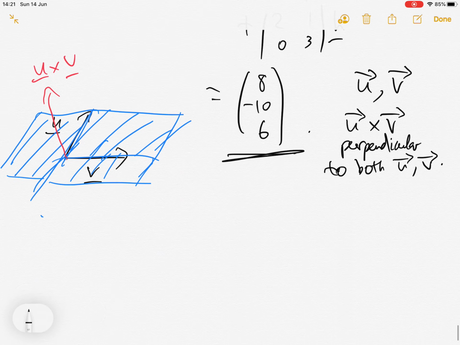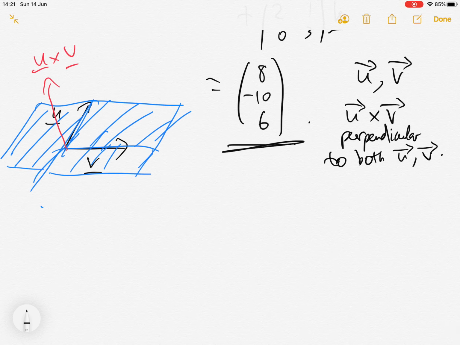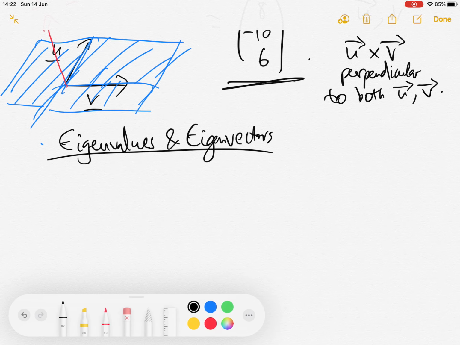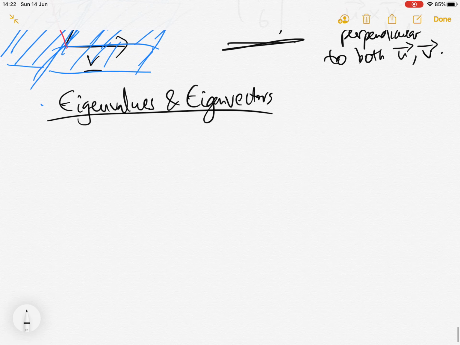And then the last thing I want to say, just to mention it briefly because it's important, is what are eigenvalues and eigenvectors? So I just want to introduce this. This is very important later on in all kinds of fields of maths.